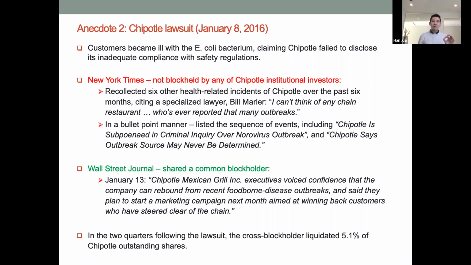Given that 5% is preset before the litigation, if Chipotle is going through some negative events, then the Wall Street Journal, which was held by another institution, will have the incentive to pump up the litigation event, to pump up the sentiment of investors, because that would be favorable for the institutions holding the defendant. Essentially, that's the mechanism.